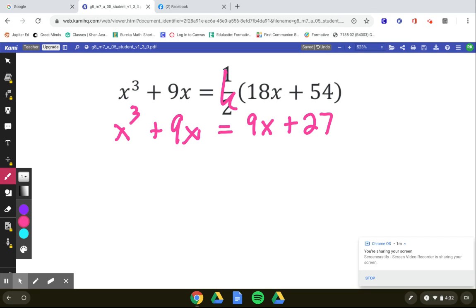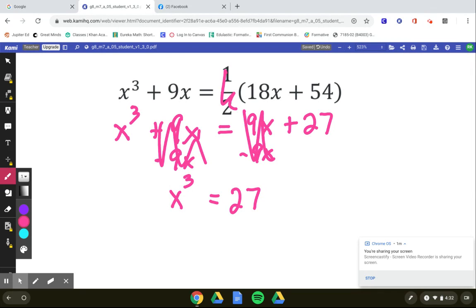Now this is where it differs a little bit from what we've done with our equation solving: we really want to focus on the x with the radical. So we're going to go ahead and subtract 9x here, which means we have to subtract 9x from here. Now you'll notice when we do that, those go away, and we're left with 27 equals x cubed.